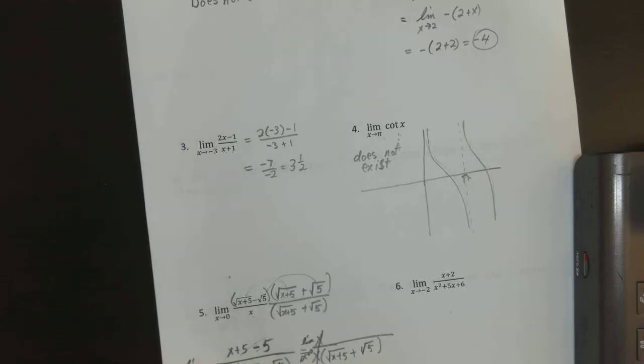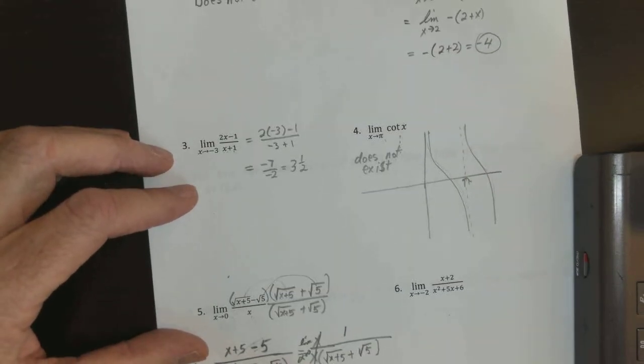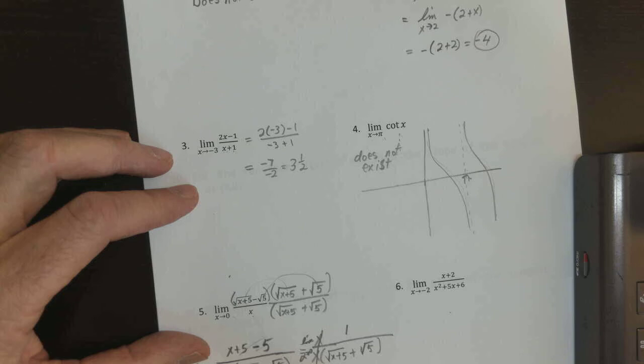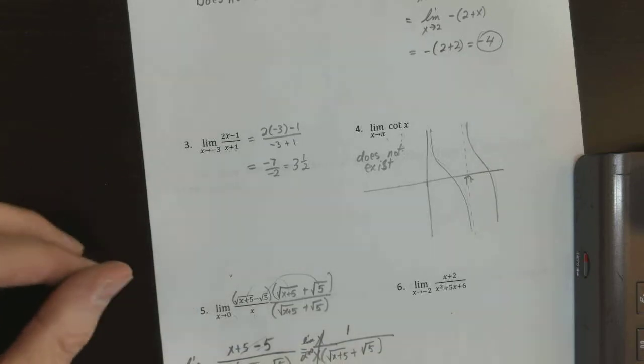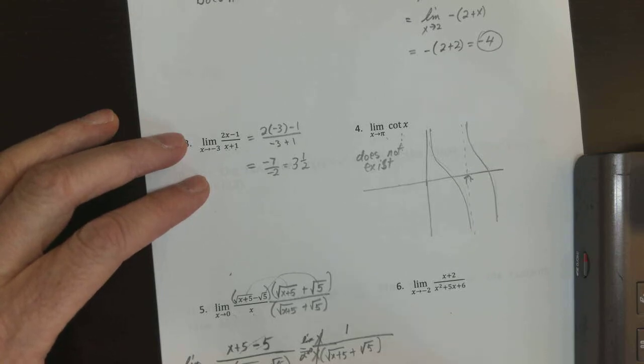Those x's now cancel out. Now we have a chance, and that's 1. I'm going to write that down. The limit as x approaches 0 of 1 over the square root of x plus 5 plus the square root of 5. So that's 1 over 0 plus square root of 5 plus the square root of 5. The exact answer is 1 over 2 radical 5.